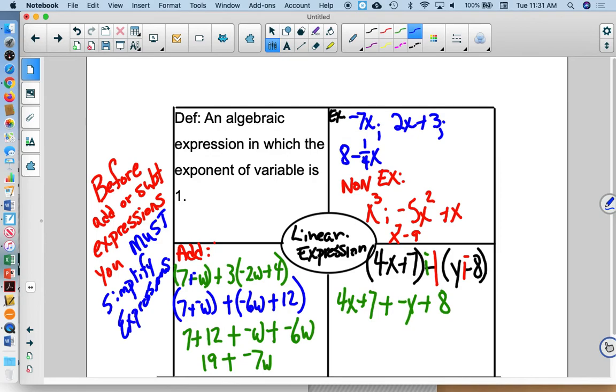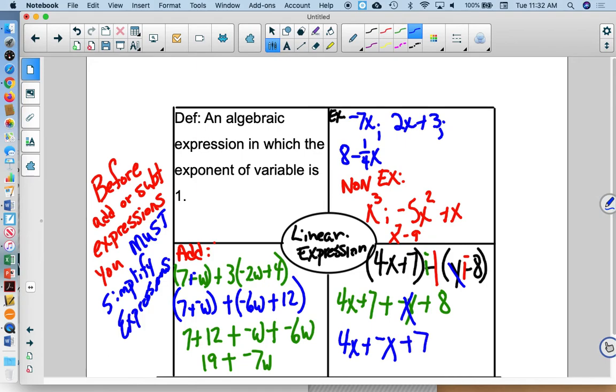Oh, and that should have been an x. Sorry, that's an x. Looks like a y, but it's an x. So 4x plus x, plus 8. What kind of x is that? Negative x. That's a negative x. Okay, plus what?